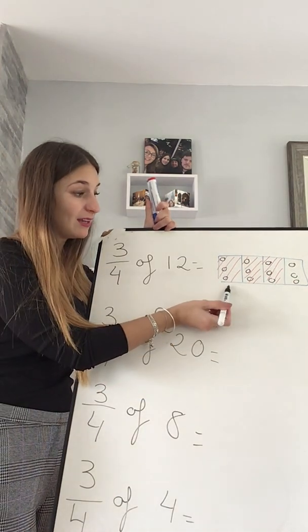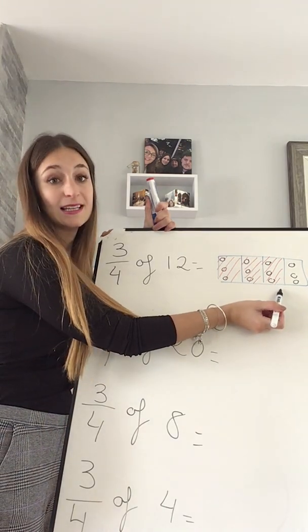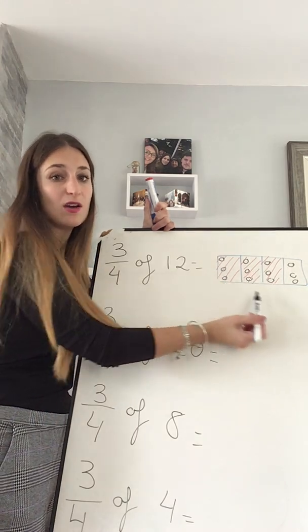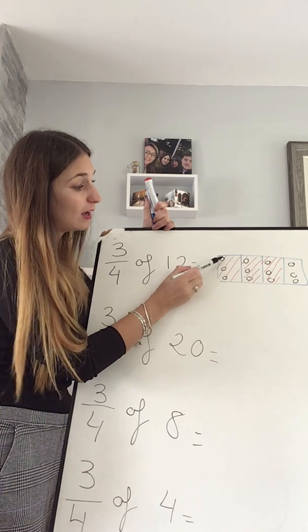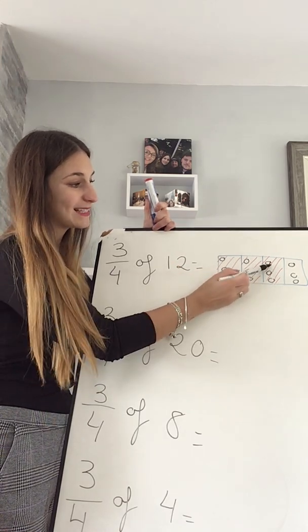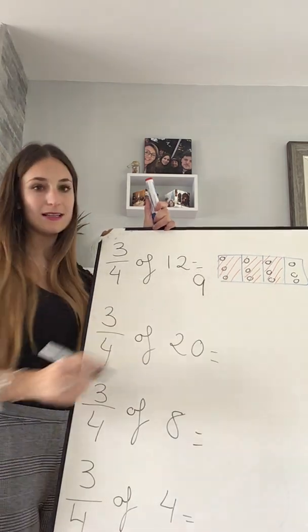And we know that 3 and 3 is 6, and 3 is 9, and 3 is 12. So that's my whole 12. If I take only 3 parts, I will be taking 1, 2, 3, 4, 5, 6, 7, 8, 9. So the answer is 9.